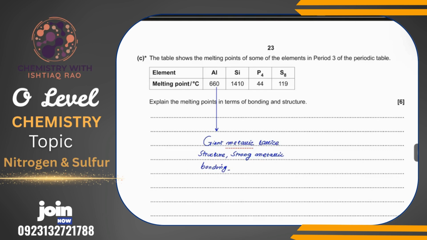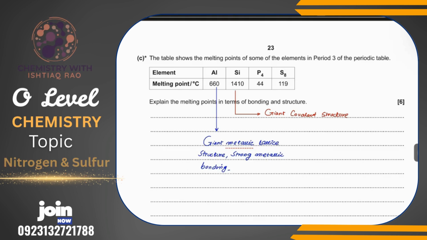Then about silicon. Silicon has a giant covalent structure. So when it is a giant covalent structure, a lot of covalent bonds are there.